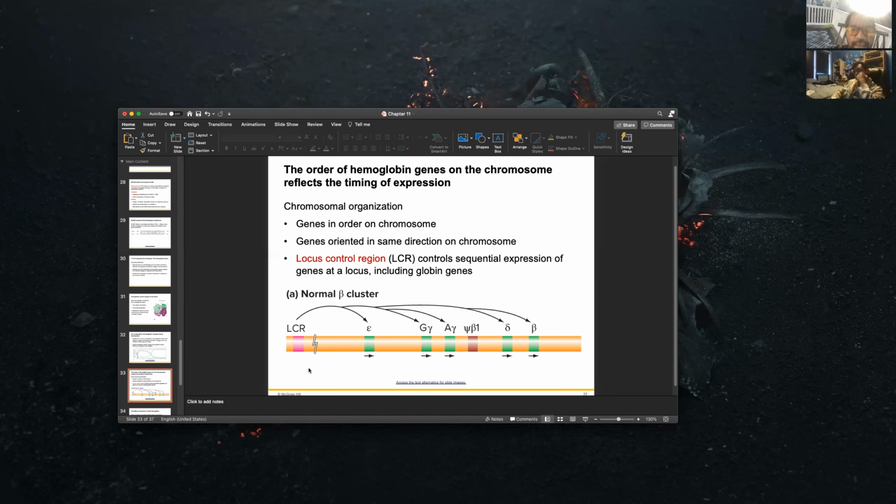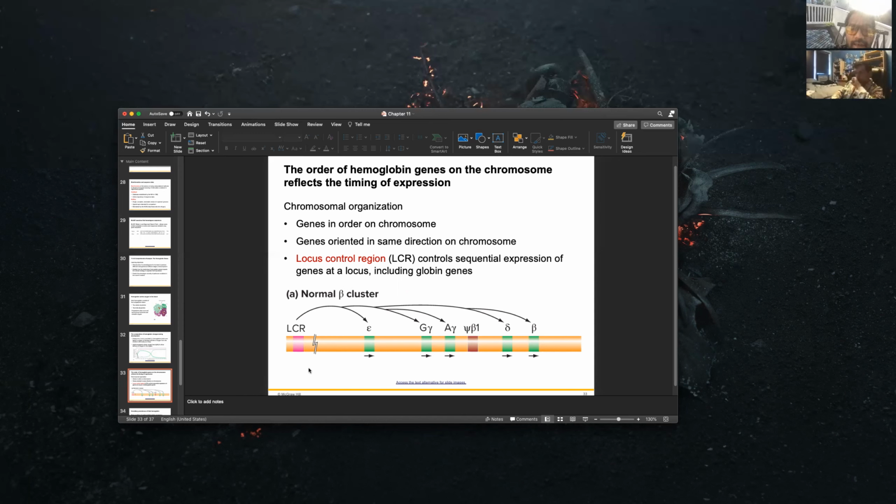If we look at that example of a normal beta cluster, you see the epsilon 1, the G gamma, the A gamma, the phi beta 1, the delta, the beta and so on. They're in that order, and that's determined by the LCR.